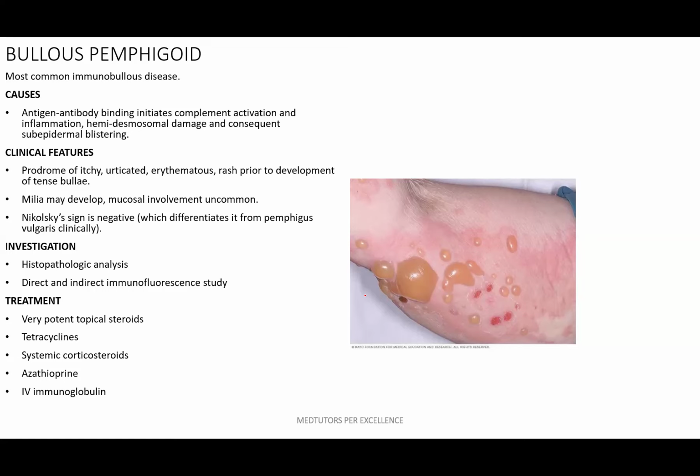So it's an autoimmune disease, antigen-antibody mediated activation of the complement cascade that will cause damage of the skin, which will cause a lot of bullae.